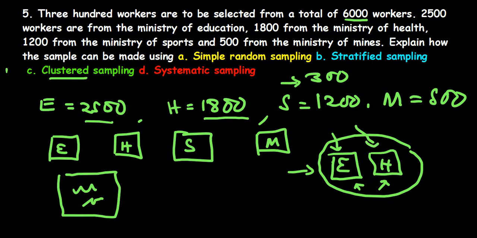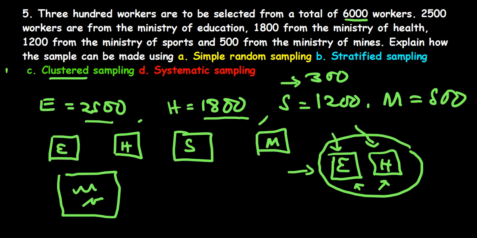So you get your workers from the Ministry of Education and from the Ministry of Health, and then you use random sampling to select. I taught you how to do the random sampling.